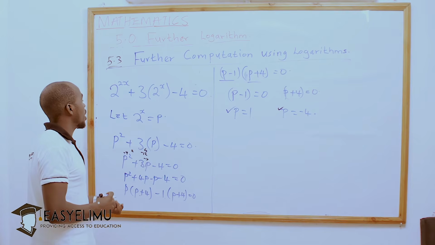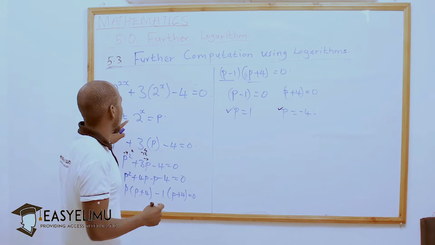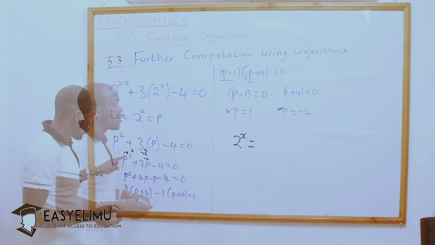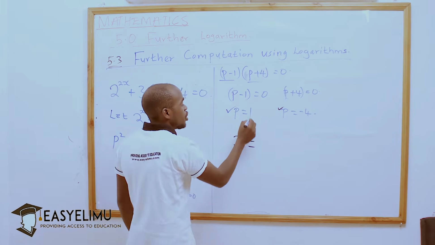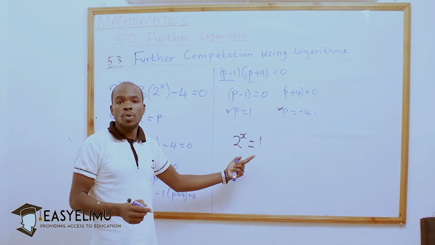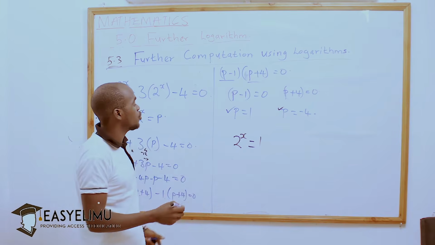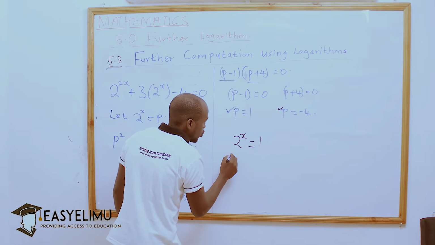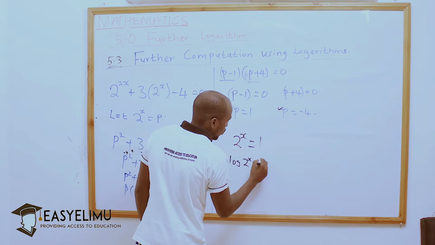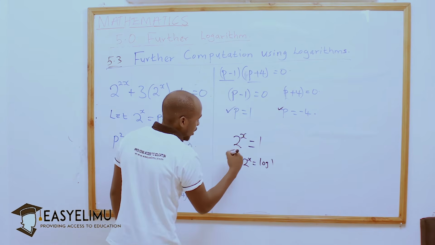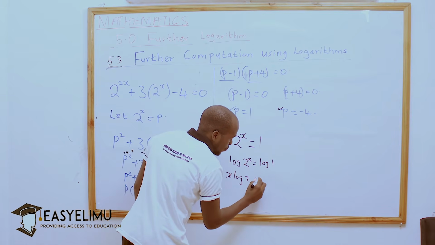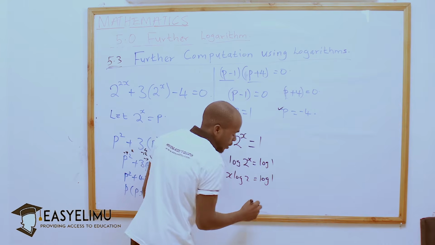So what we shall do here, we shall substitute and say 2 raised to x is equal to 1 first. If you want to solve this, now you see where logarithm comes in. You have to use logarithm and introduce log on both sides. So it will be log of 2 raised to x equals log of 1, and you will find this is x log 2 equals log 1.